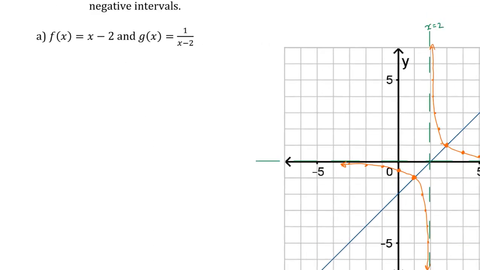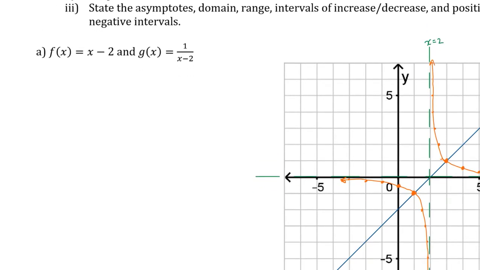Okay, so we have to state the asymptotes. So we do it like this. Vertical asymptote, we've already labeled it, but it's x equals 2. Horizontal asymptote, y equals 0.